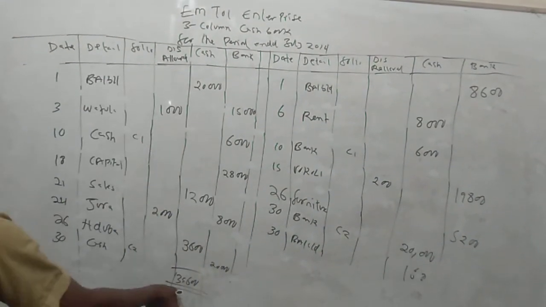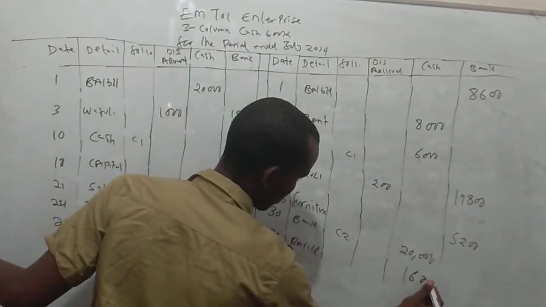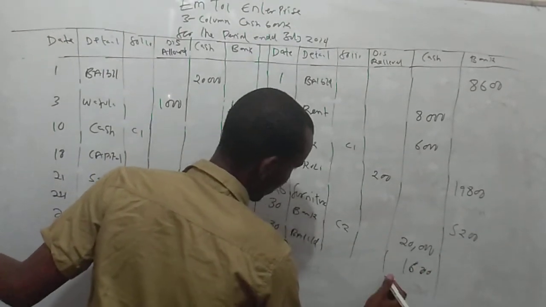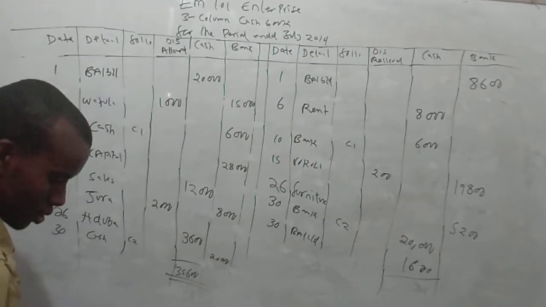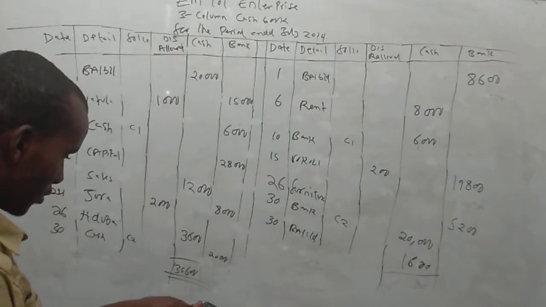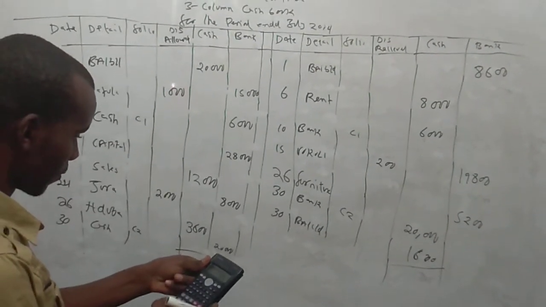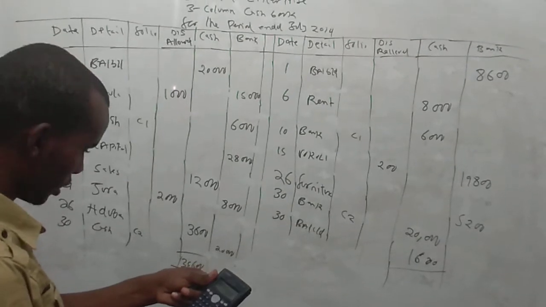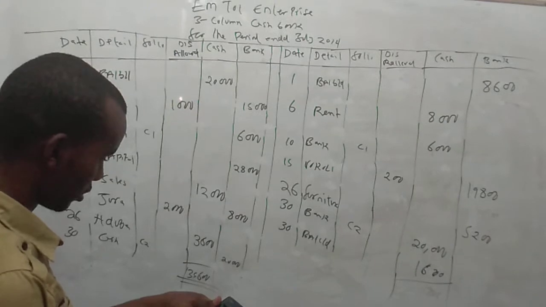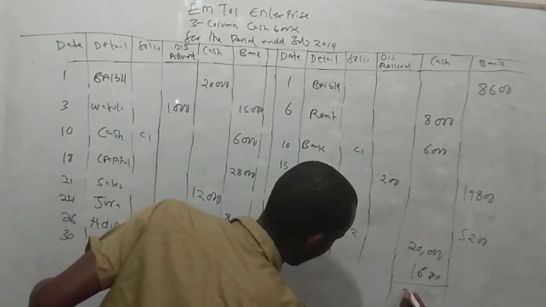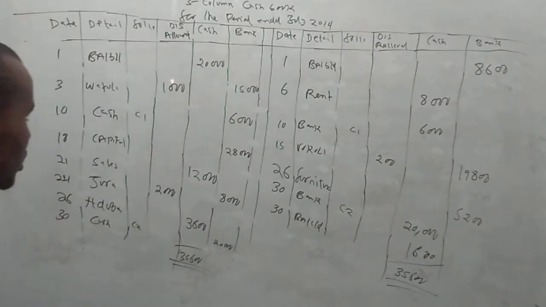We only take the total of cash and subtract from this side. So we sum this up, and automatically it will give you 35,600. We can confirm: 8,000 plus 6,000 plus 20,000 plus 1,600 comes to 35,600.